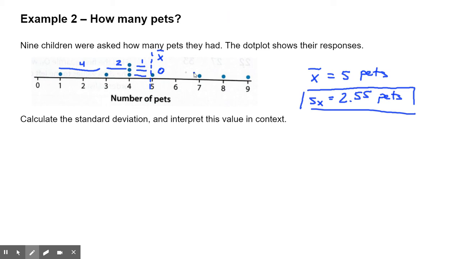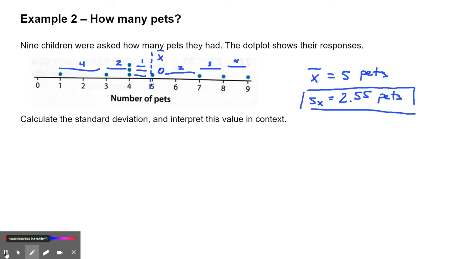Over here, this dot has a distance of 2, this dot a distance of 3, and this dot a distance of 4. So all of those distances, I think of the standard deviation as if you took those distances and you averaged them. It's not exactly correct based off the formula, but again, it's a good kind of approximation. So if you average those distances, that could be considered something like the standard deviation.